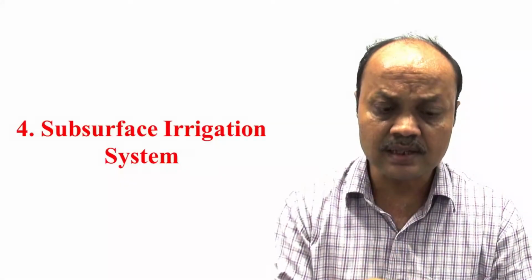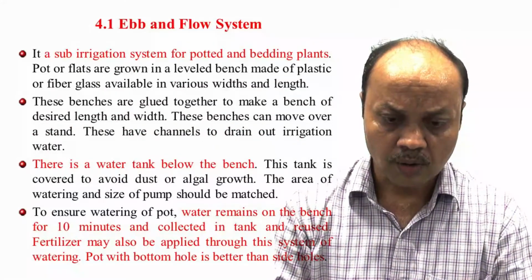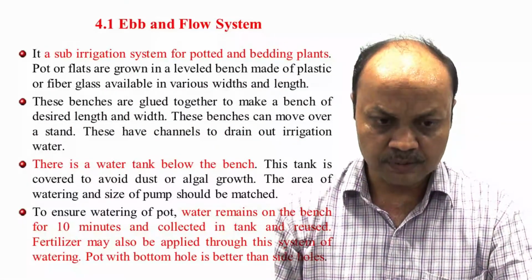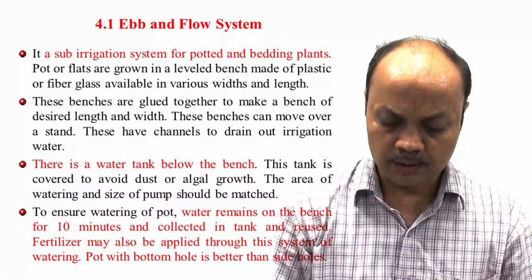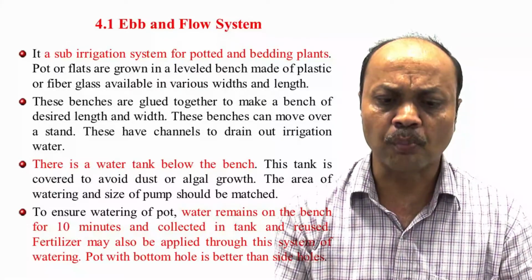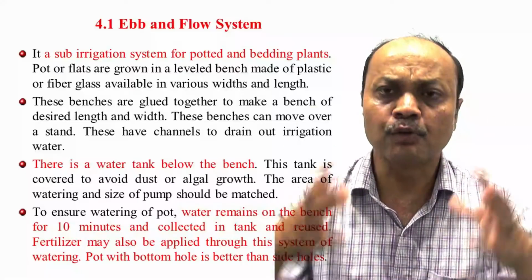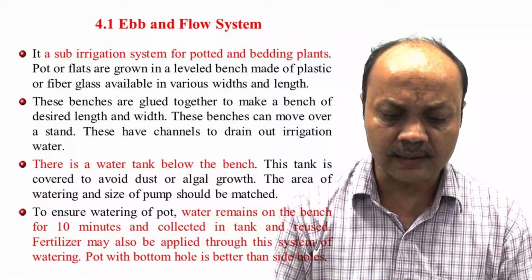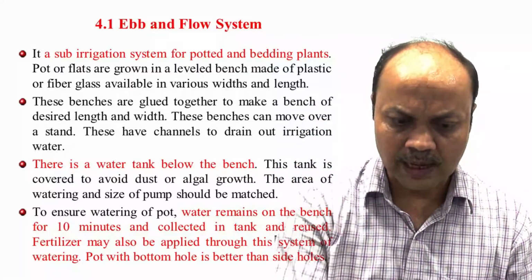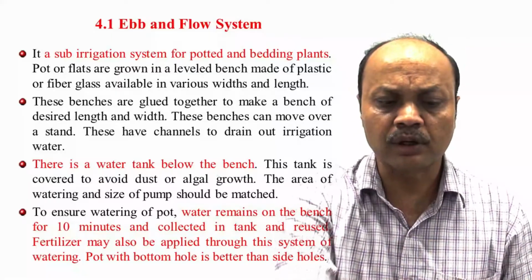Here you can see the ebb and flow system, how it operates. It is used for potted and bedding plants. You put the crop on the bench, and from one end you give the water.